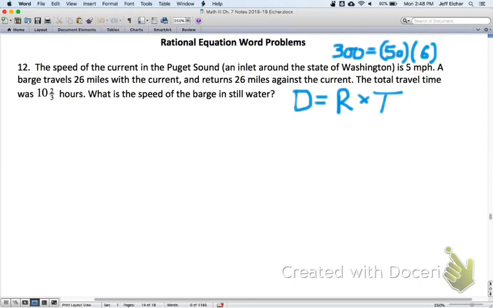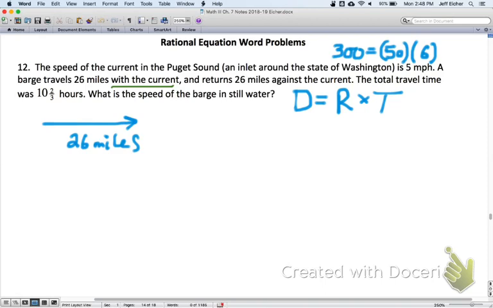Well, for this question, we have the barge going this way, 26 miles. And we don't know how fast the barge is going on its own, but we do know that with the current, as it says right here, which is 5 miles per hour.